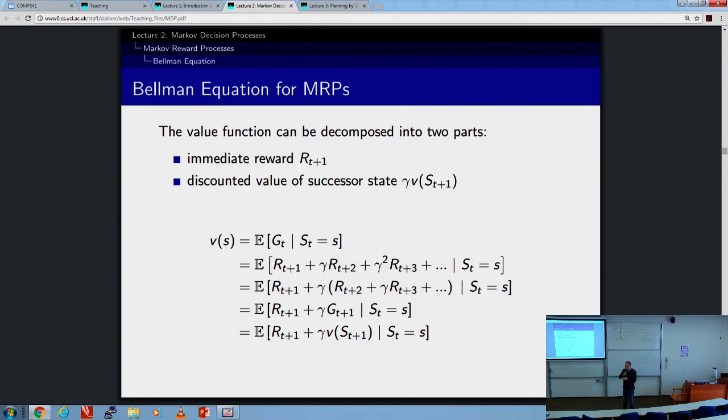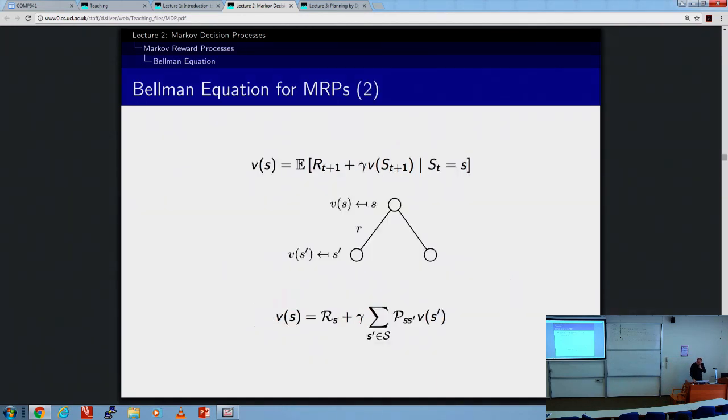Well, you know the probabilities of each state transition, so add them up. With this much probability you're going to state 1, take the V from that. With that much probability you're going to state 2, take the V from that and multiply with the probabilities. And that is your expected reward of the successor state.